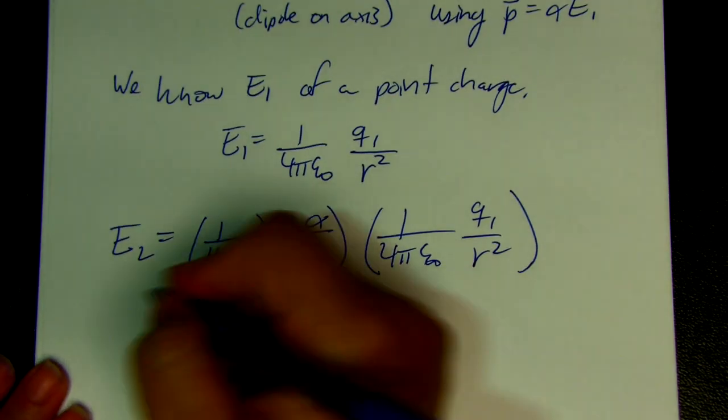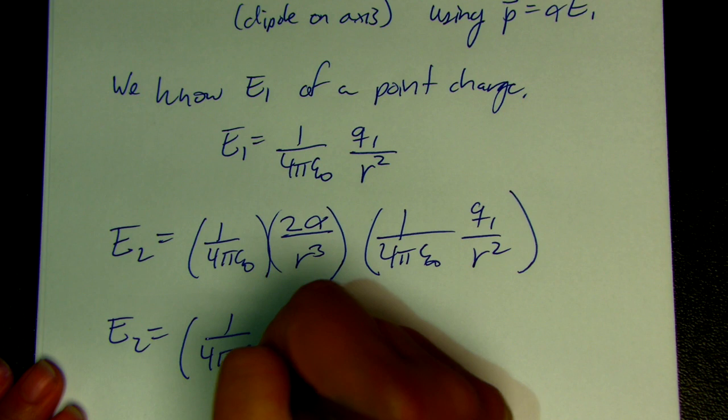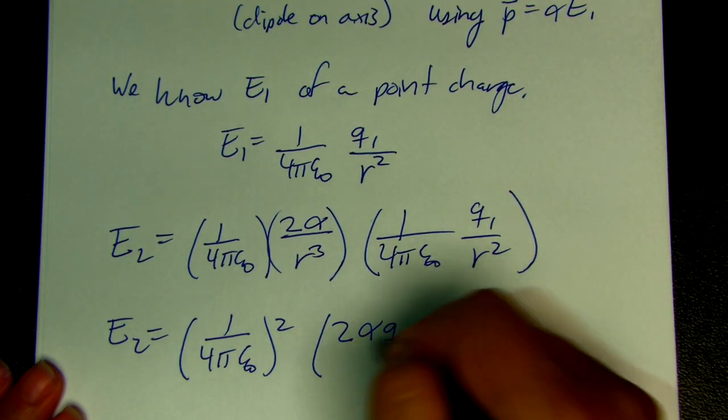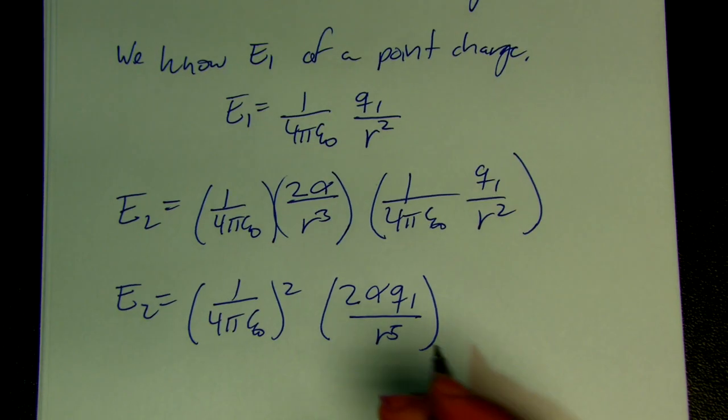And so we can combine that all together, and we get 1 over 4 pi epsilon naught quantity squared 2 alpha q1 over r to the fifth.